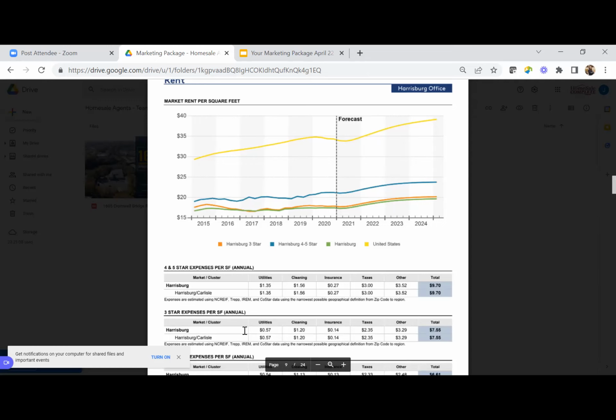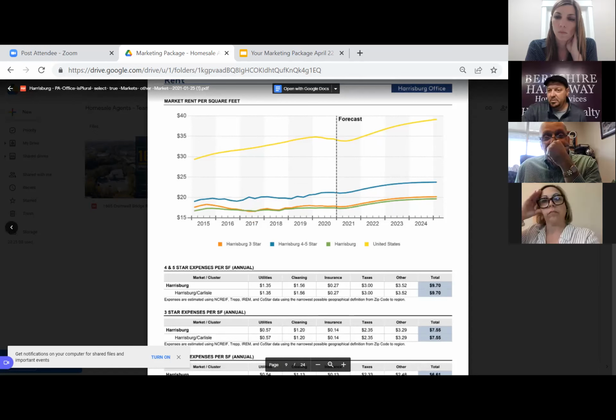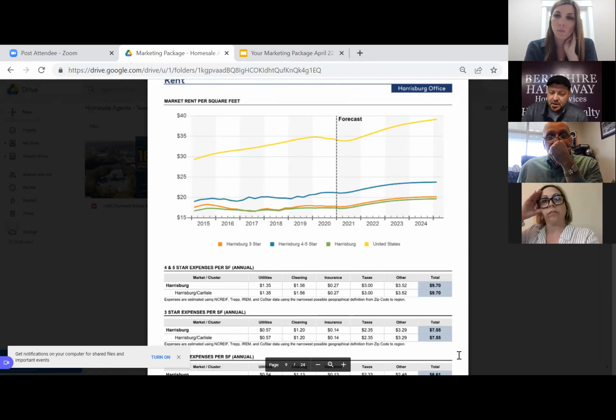I don't know if that holds true, but it looks like they combined the Harrisburg and Carlisle markets into the same, mainly because Carlisle is a smaller market and it's kind of just a west subsidy of the Harrisburg market. So you'll see Harrisburg is predominantly the main market indicator in this area. Okay.